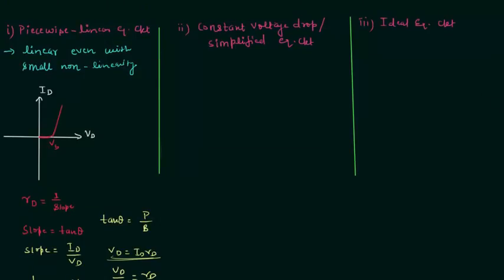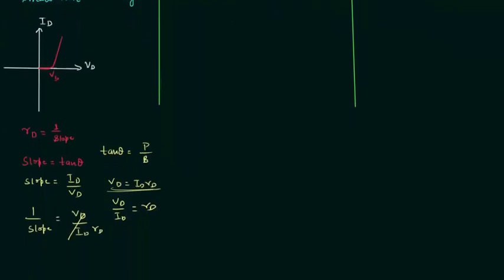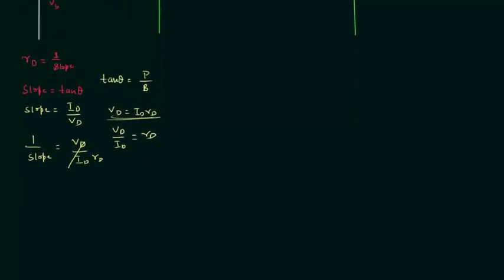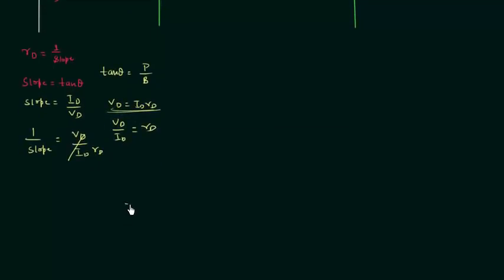Now we will draw the equivalent circuit. In this model, we have the barrier potential VB and the diode resistance RD. In the equivalent circuit, first I will draw the ideal diode. In an ideal diode, both barrier potential and diode resistance are equal to 0. We use the ideal diode symbol to represent the direction of current.